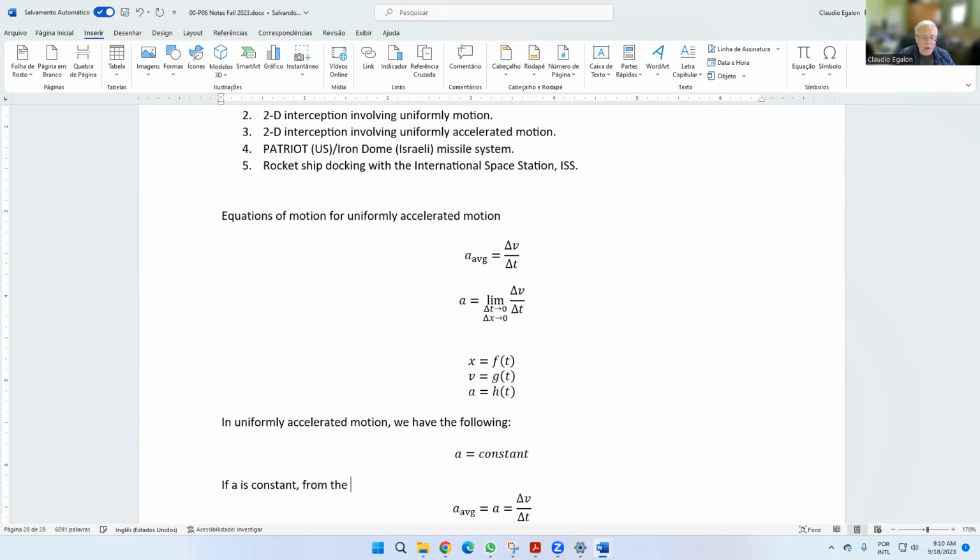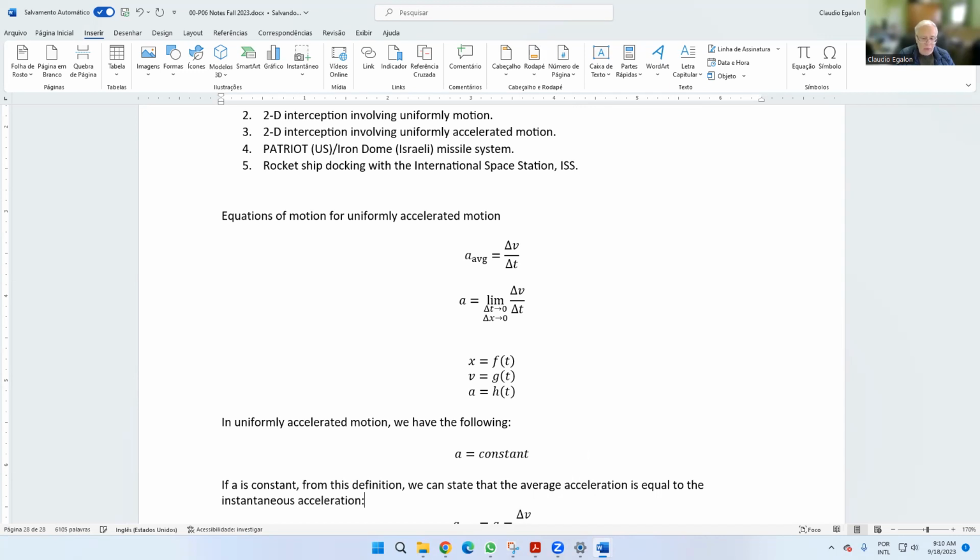From this definition, we can state that the average acceleration is equal to the instantaneous acceleration.